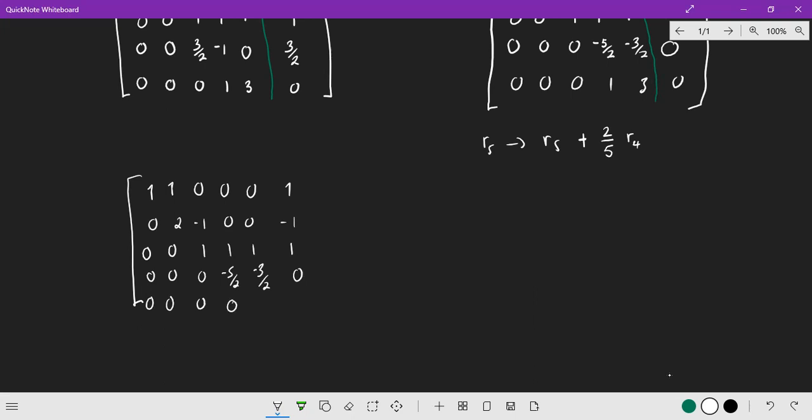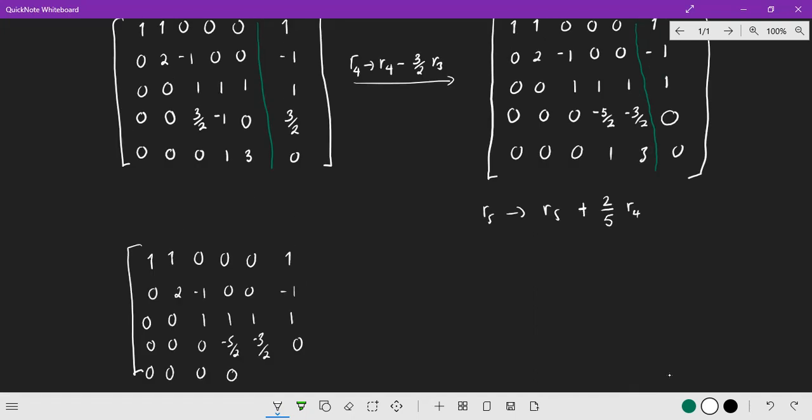Okay, and then what does 3 become? So if we say 3 plus 2 over 5 times the element in row 4, which is negative 3 over 2. So what do you get there? Okay, plus 2 over 5 times the negative 3 over 2.